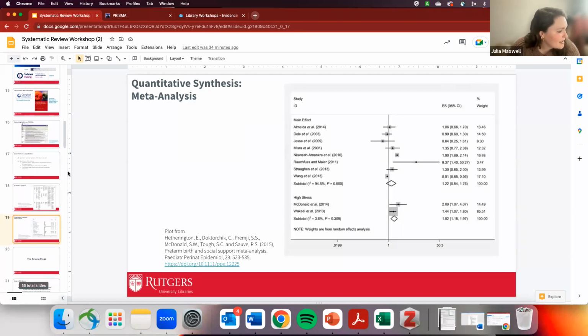Okay. So that covers all of the overarching concepts. I want to dive into the review steps, which is going to be really the meat of our time together. So buckle in. I also want to preface this by saying that this is a ton of information. I don't want to information overload you. So all of the resources I have are not available here.